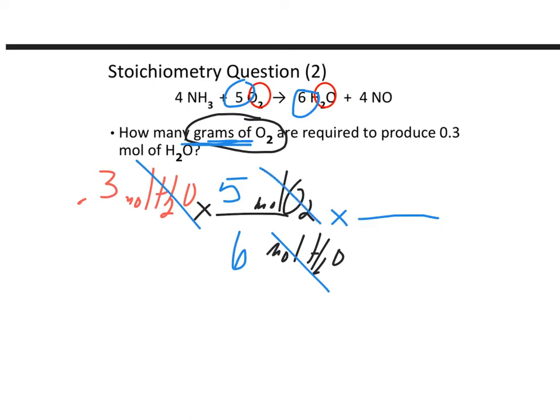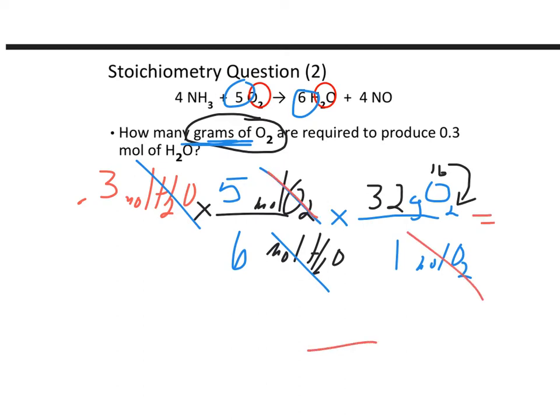This unit goes on the bottom. Very good. So 1 mole of O2. How can I figure out my grams? The molar mass. And oxygen weighs how much? 16. Very good. And 16 times 2? 32. So this cancels out your moles. Now, can I calculate my grams of O2?